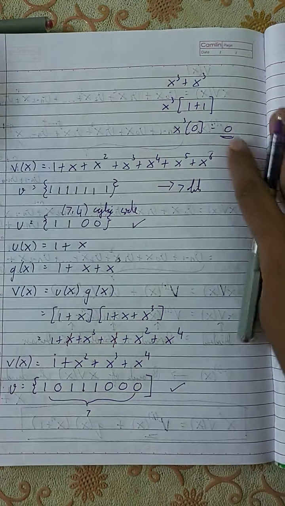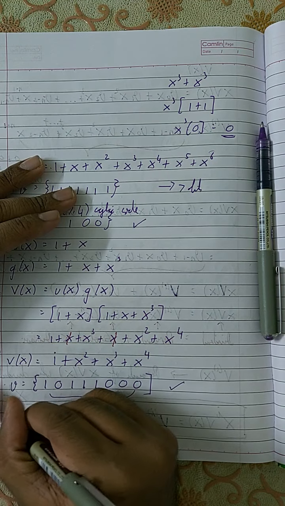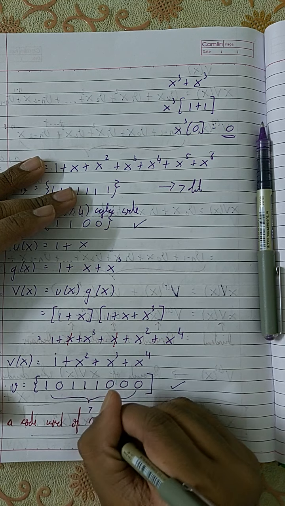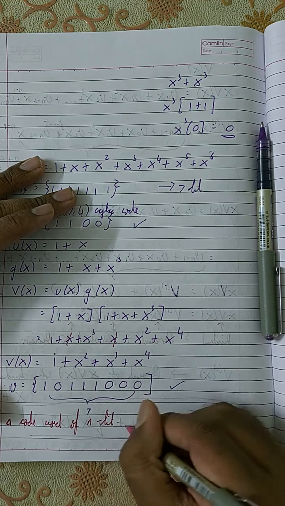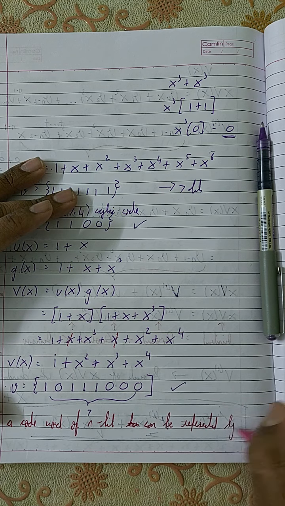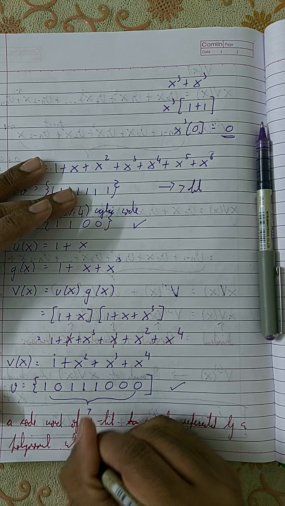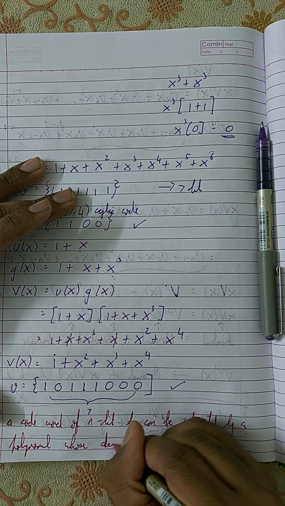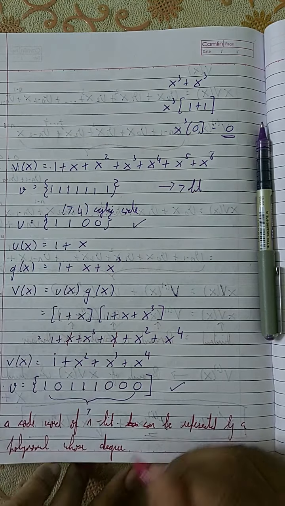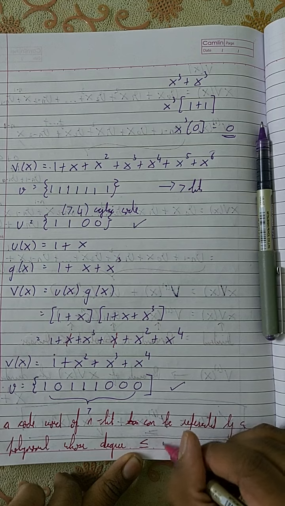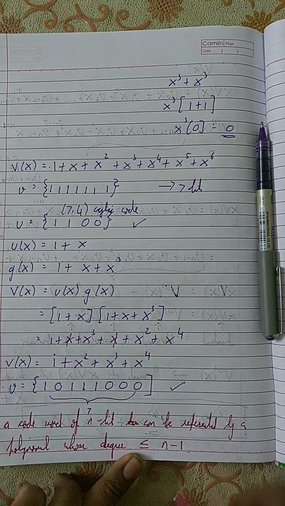I can write that as a statement: a code word of n bits can be represented by a polynomial whose degree is less than or equal to n minus 1.